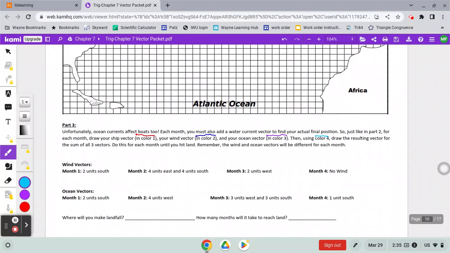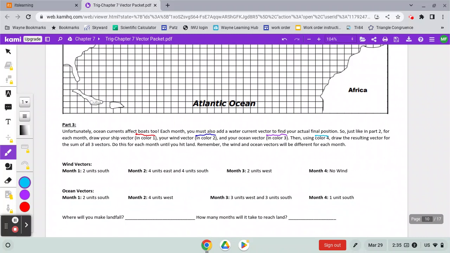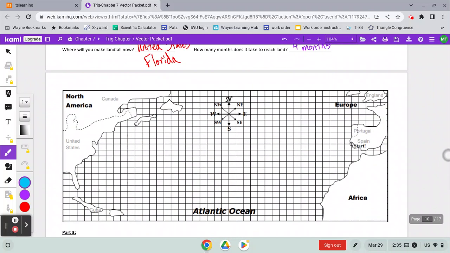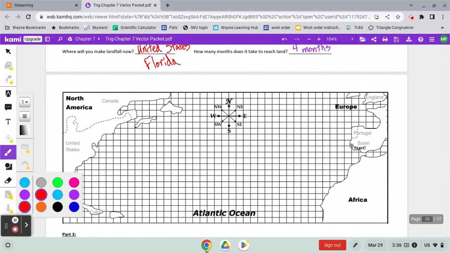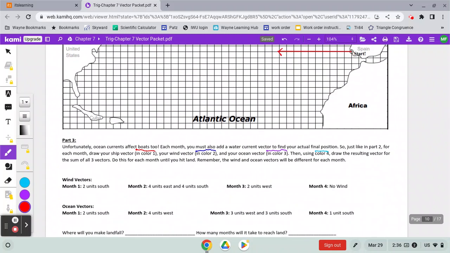So also keep in mind the wind and ocean vectors change each month. So let's start off with just our 10 units to the left. So once again, we'll go 1, 2, 3, 4, 5, 6, 7, 8, 9, 10. 10 to the left. Okay, now wind.